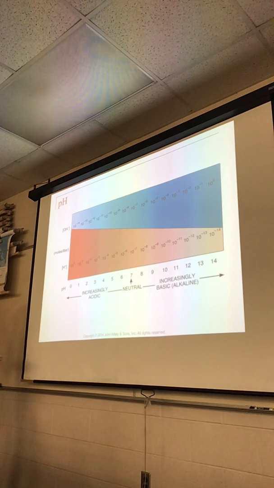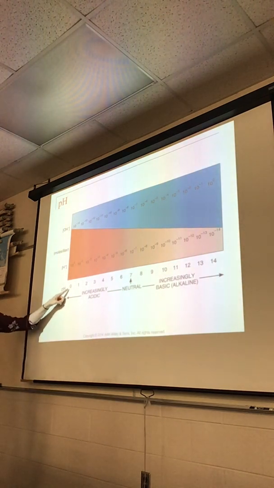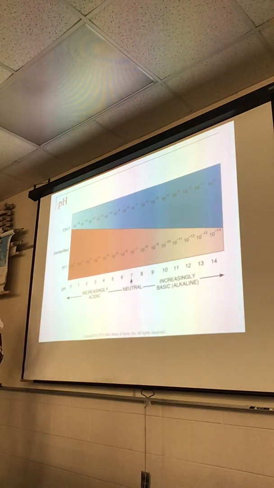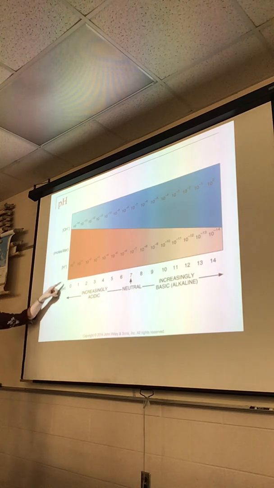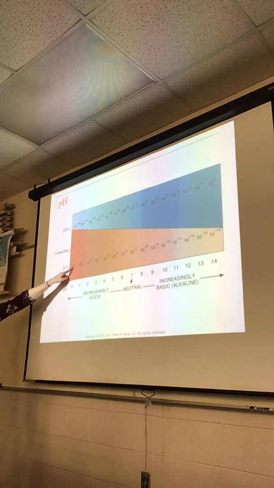You don't have to memorize this, but basically this scale is logarithmic. Anybody remember doing logarithms when you took a math class? You're like, what is all this stuff? I have to do the E and the ln and the logs, all that, right? You don't have to go through all the math in here, but basically if you take the negative logarithm of this number, it's going to give you the biggest number.